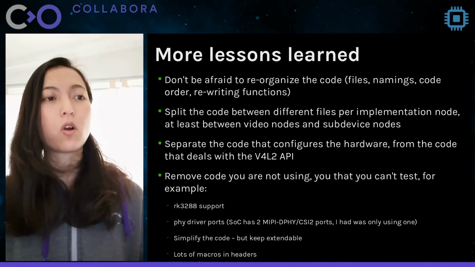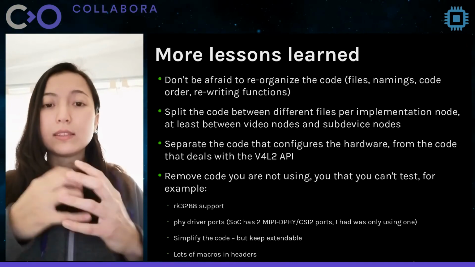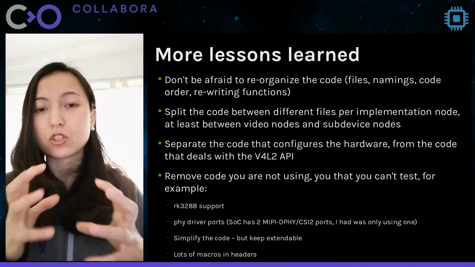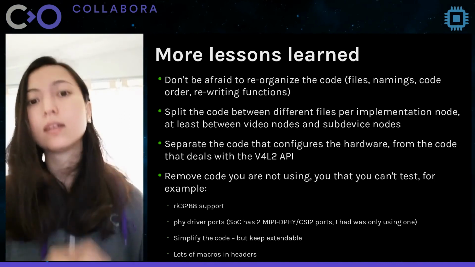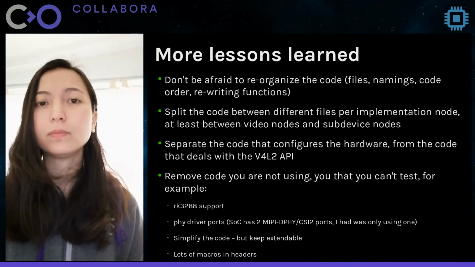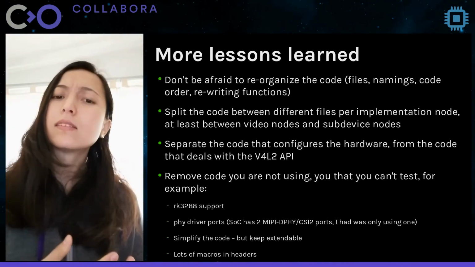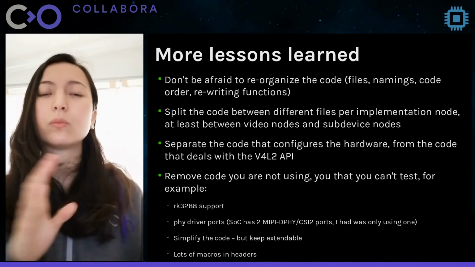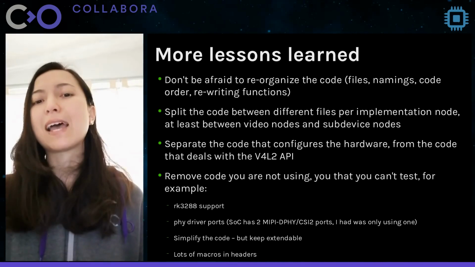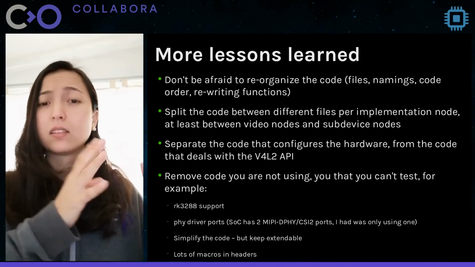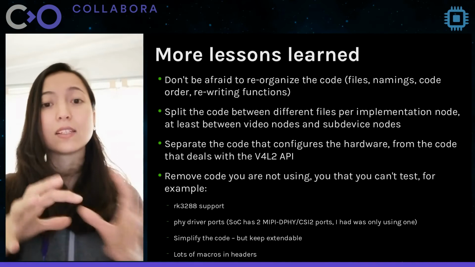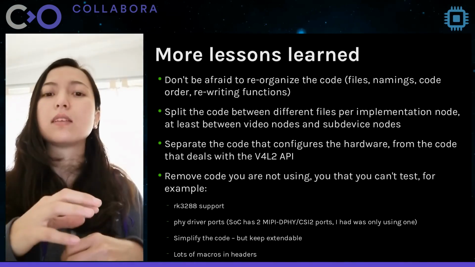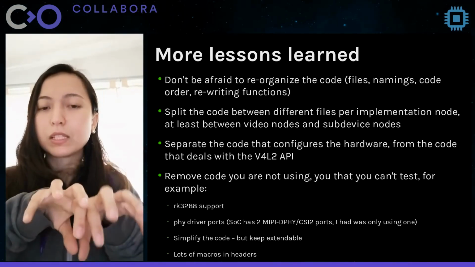Also, I would recommend splitting the code between different files per implementation node, so per block in the topology. Some cases this is not entirely possible because we reuse a lot of code from one block to another, but at least separate the code between the video nodes and the subdevice nodes, since those are different.